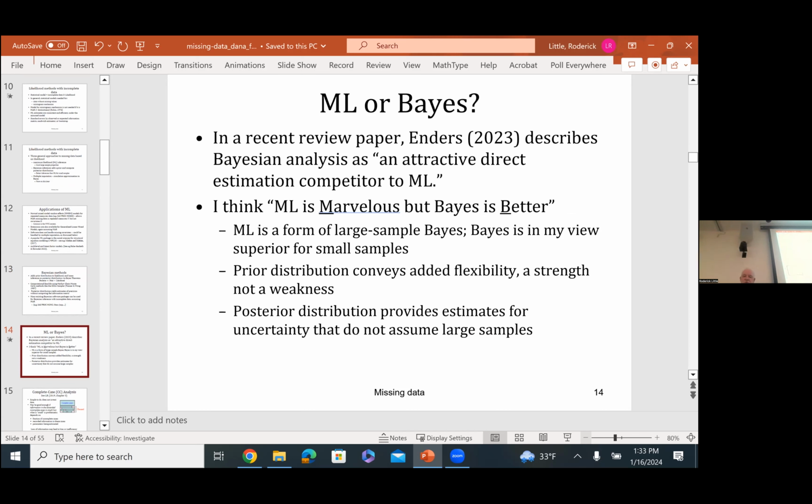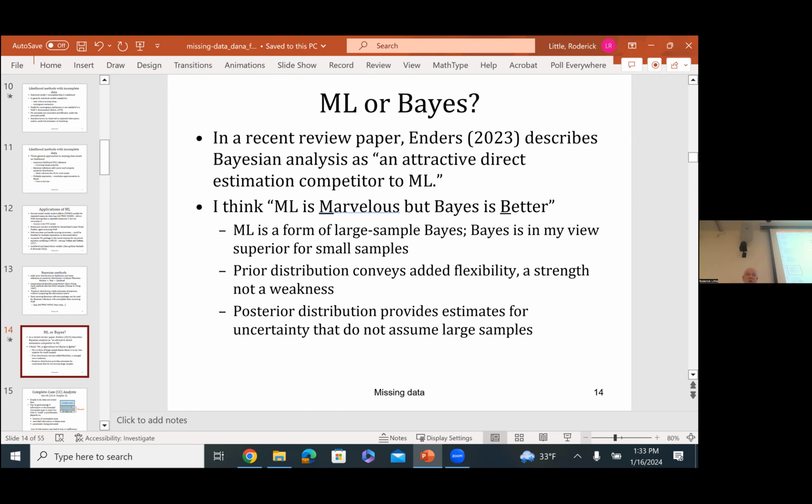Enders is one of my references in the social sciences literature. He's a psychologist, but he described Bayesian analysis as an attractive direct estimation competitor to ML. Personally, I think ML is marvelous, but Bayes is better. And why? Well, maximum likelihood is Bayes. It's a large sample Bayes.